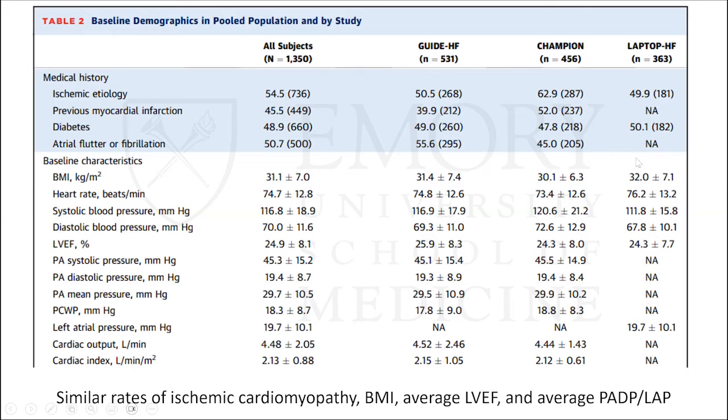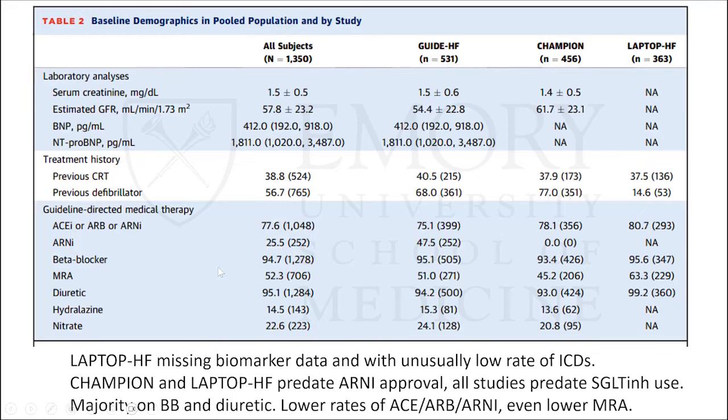The BMIs were similar, around 30, 31, 32. And then ejection fraction was severely reduced, 25% on average. Diastolic pressures for Guide HF and Champion were around 19, as were they for the left atrial pressures in the Laptop HF study. And then finally, this is probably the area of biggest differences. Laptop HF didn't include much biomarker data, and then also had an unusually low rate of ICD use.